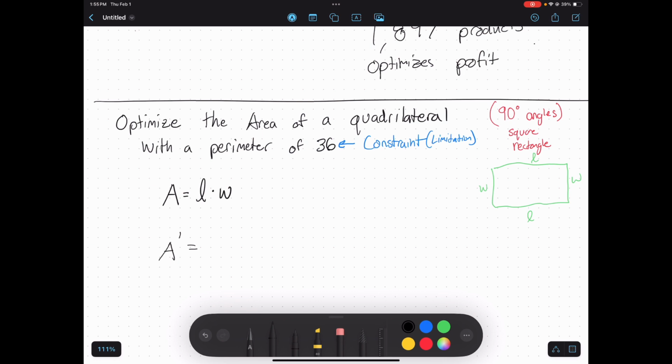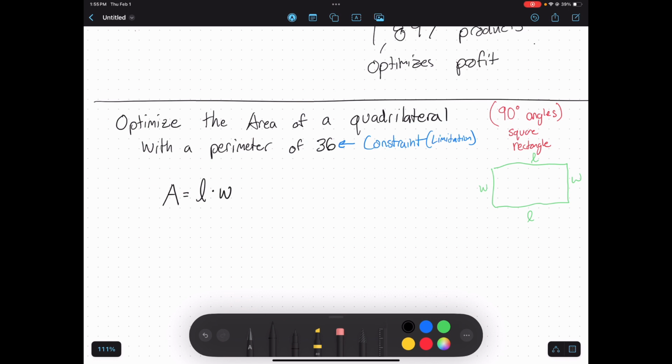I don't know the length and I don't know the width. How do I get around this? Well, like we said earlier, in order for you to solve this problem, you need a constraint. So this is where the constraint comes into play. What does this constraint tell me? My perimeter has to be 36.